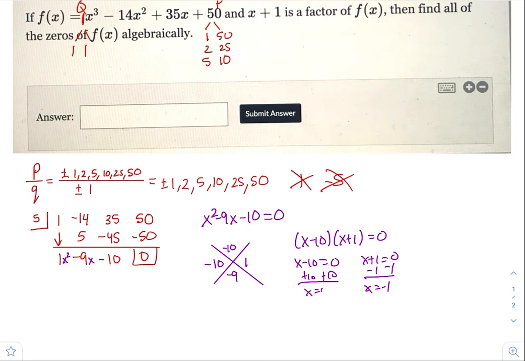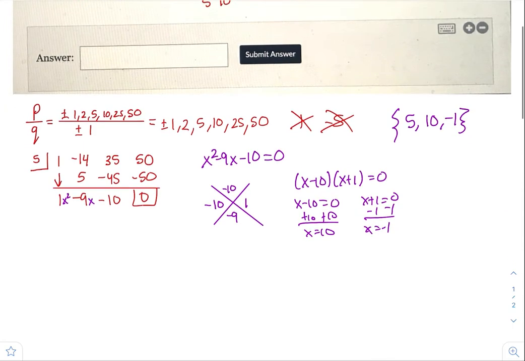We get 10 and negative 1. So our answers are 5, 10, and negative 1. That would have been all your zeros for that problem.